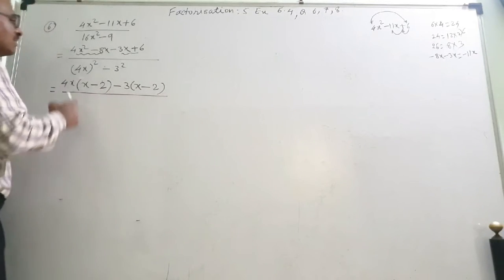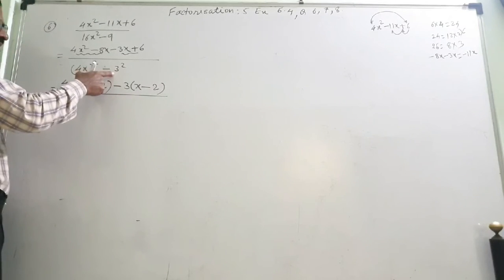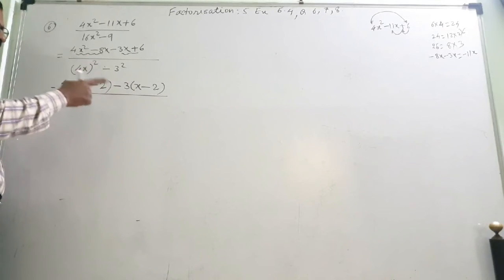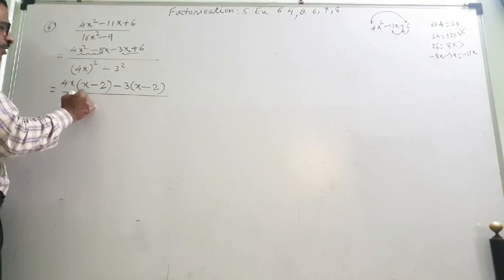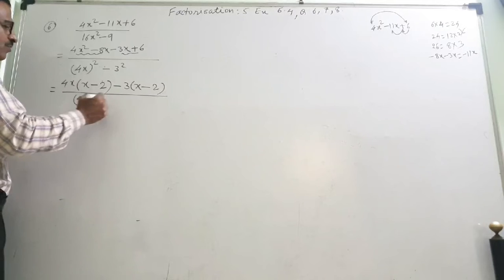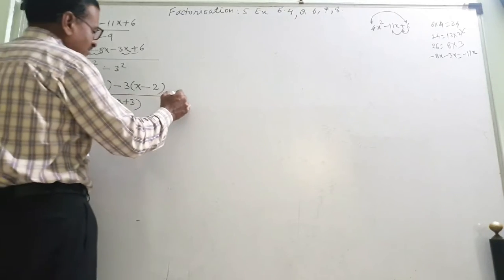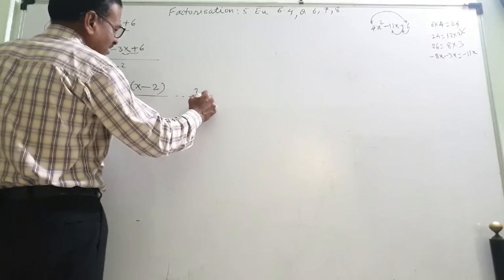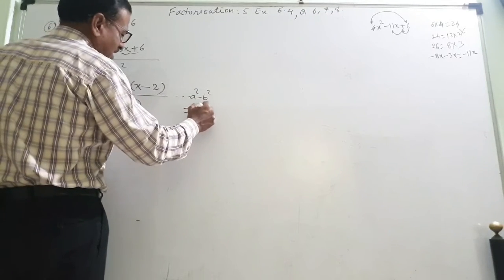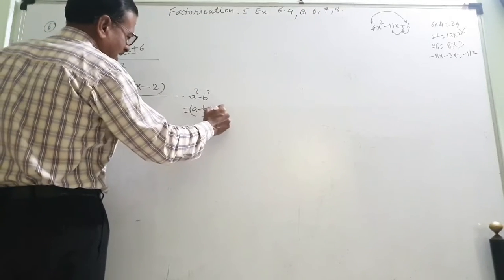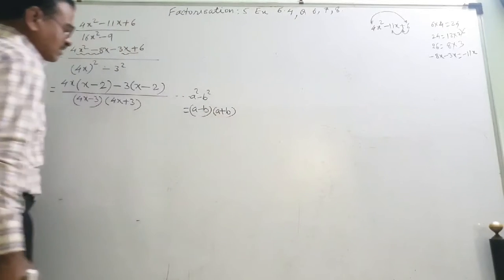Upon. This is a square minus b square. A square minus b square means a minus b, a plus b, means 4x minus 3 into another bracket 4x plus 3. Here I will give the reason: a square minus b square is equal to a minus b into another bracket a plus b.